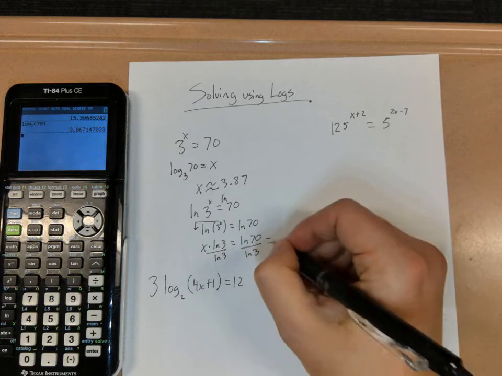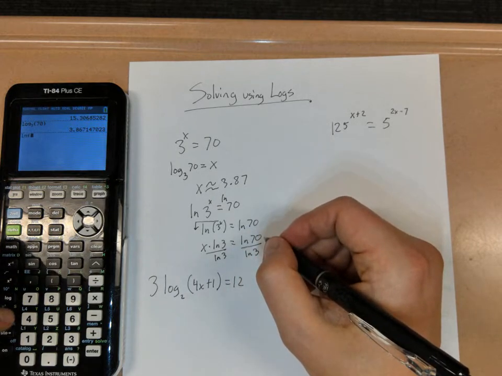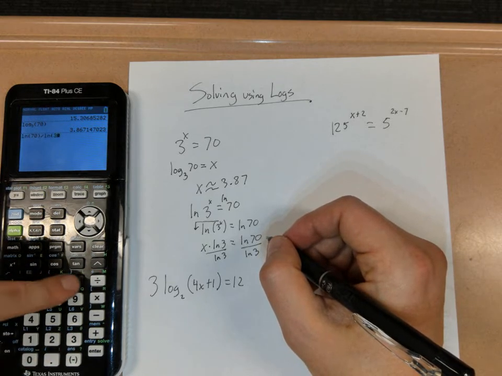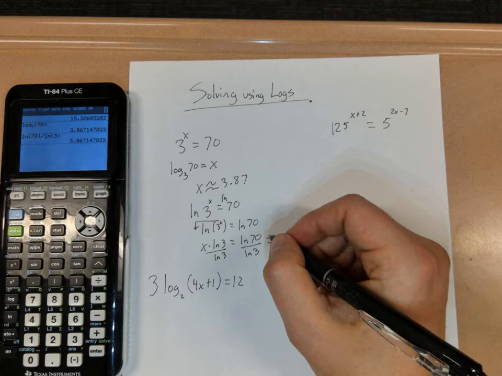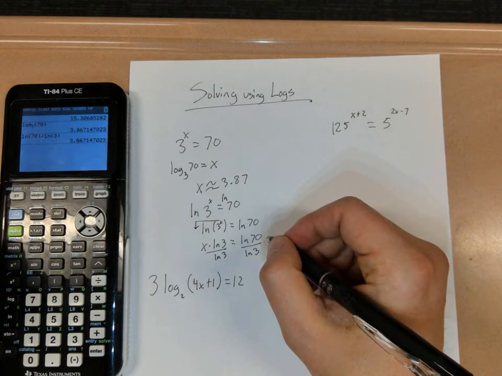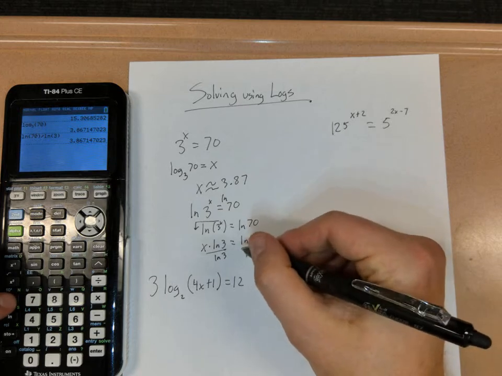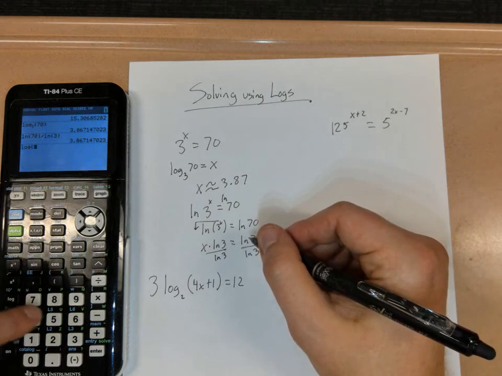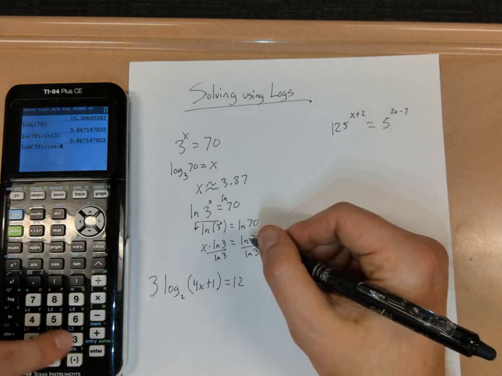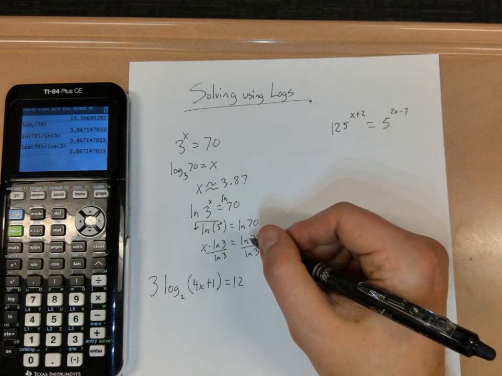And so it's, can you type natural log of 70 divided by the natural log of 3 into your calculator, and you still end up with the same exact answer. And I'll prove to you that it doesn't matter if you use natural log or regular log, because if I do log 70 divided by the log of 3, it still equals the same number.